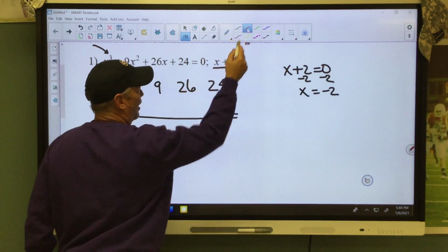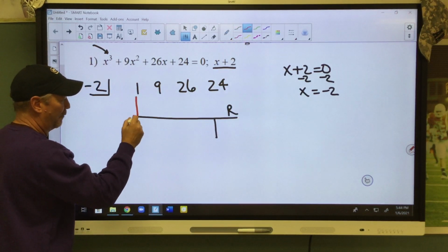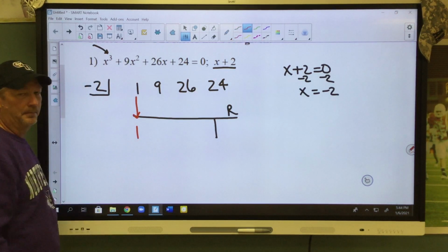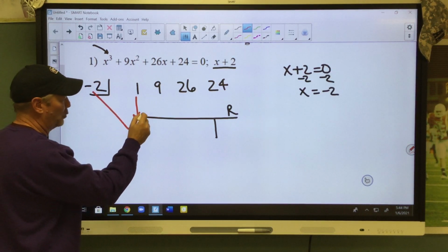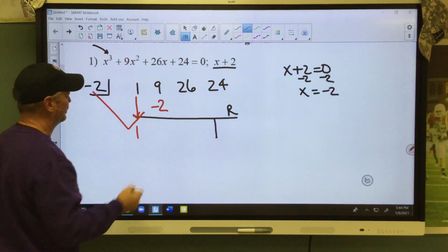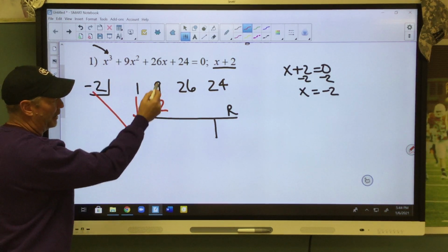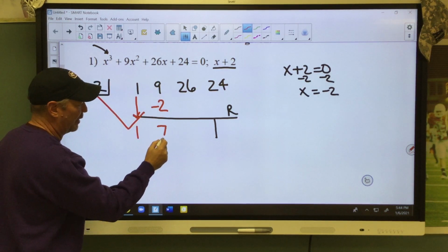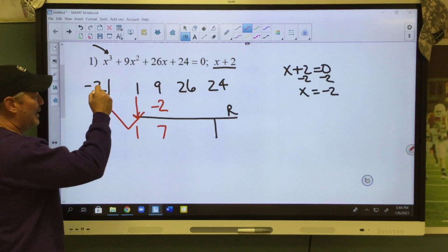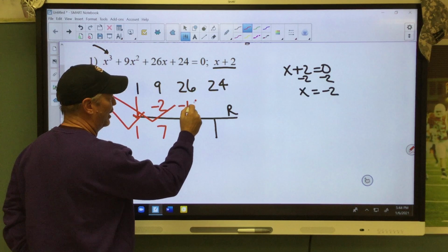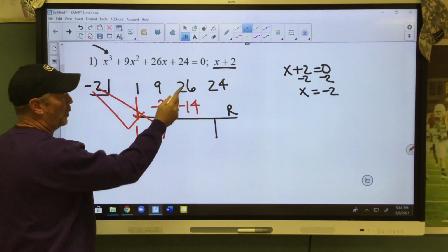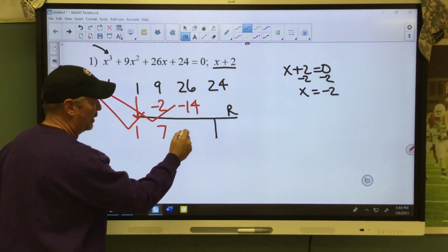The next step, we're going to bring down the first number, and then we're going to get started. Negative 2 times 1 is negative 2. You combine this and you get a positive 7. Negative 2 times 7 is a negative 14. 26 minus 14 is 12.